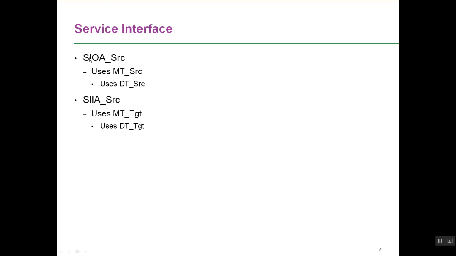Then you would define two service interfaces, one for the sending system and one for the receiving system. SI_OA, what does this mean? SI stands for service interface, O stands for outbound, A stands for asynchronous. Same way, SI stands for service interface, I stands for inbound, asynchronous.